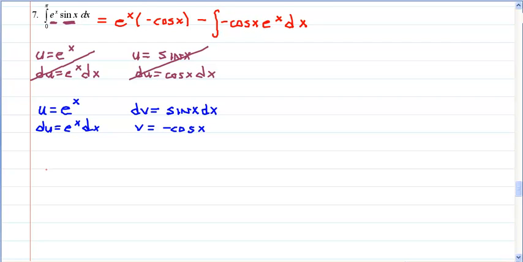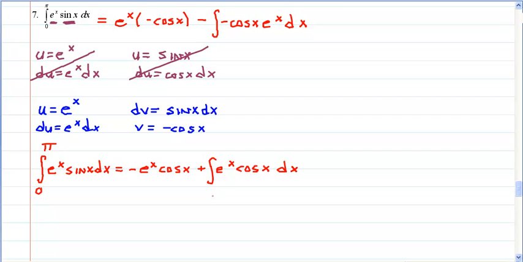And not only am I going to rewrite what I just wrote in red, but I'm also going to rewrite the original integral. And I'm doing this because finding a du did not make the problem simpler. That's how you know to rewrite the original integral. And then I simplify what's on the right side of the equal sign: minus e to the x cosine x, and then plus the integral of e to the x cosine x dx.